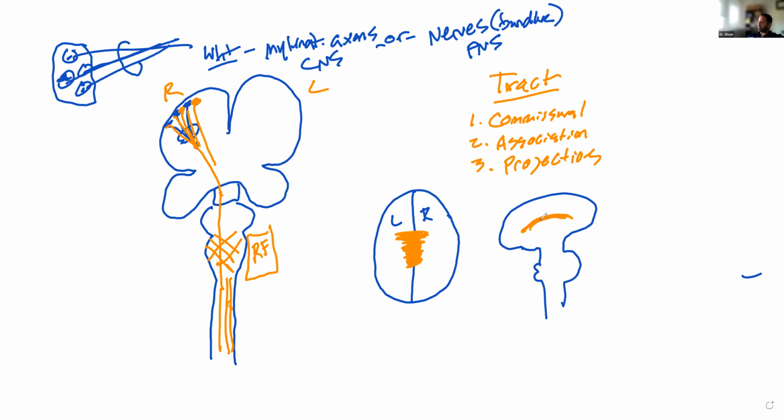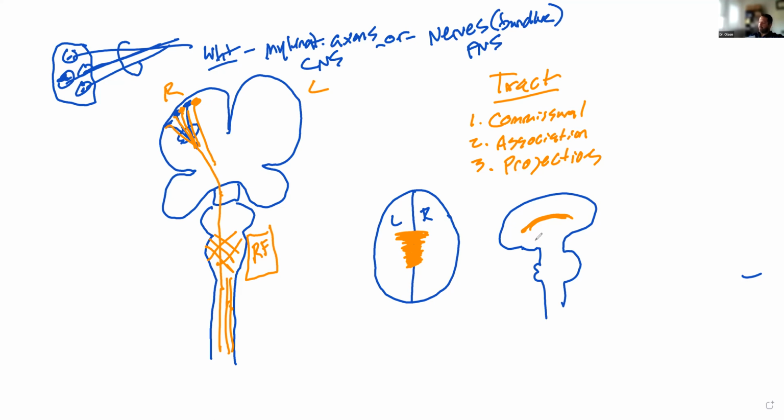It's myelinated, and it communicates from hemisphere to hemisphere. So commissural means crossing over, and these are axons that connect two hemispheres with each other. An example of that is the corpus callosum.